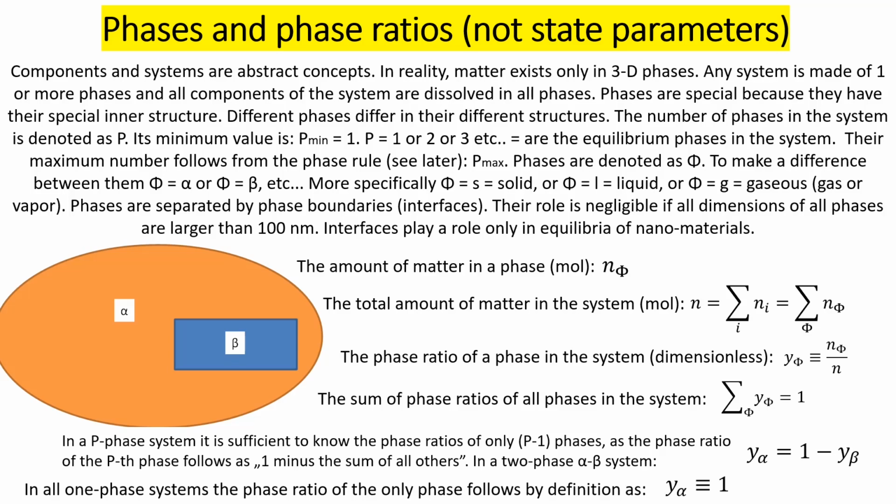Because after I decided the value of pressure, the value of temperature, the values of all independent average mole fractions of all the components, then anything that relates to the question of phases is not a state parameter anymore. It doesn't depend on my wish, it depends on the laws of nature, including, of course, how many phases we have, which phases we have, and what are the phase fractions or phase ratios of those phases.